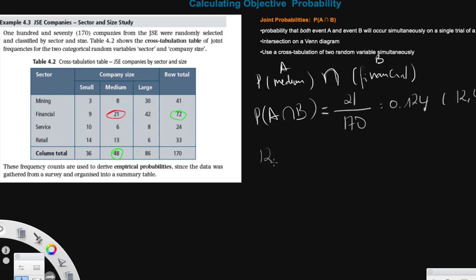Then we have 12.4% chance of randomly selecting a medium sized financial company. So this is an example of joint probability.